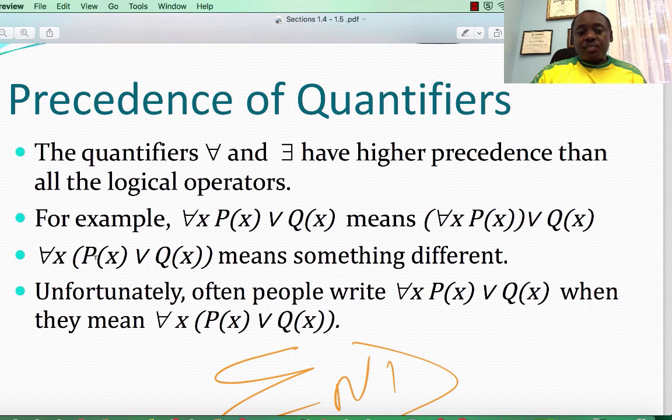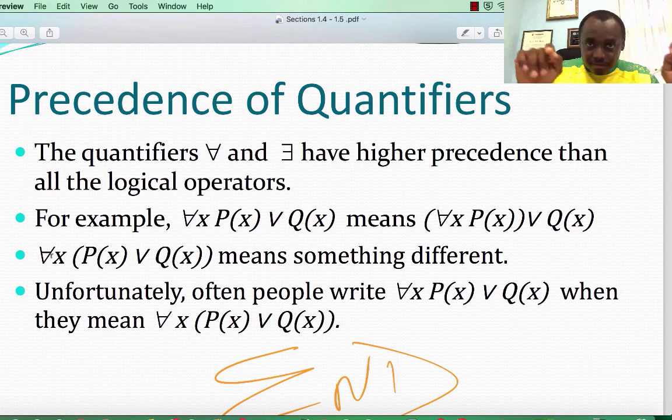For every x, parentheses, p of x or q of x means something different. Remember parentheses, PEMDAS. So I evaluate this first, and for every x holds for p of x or q of x.